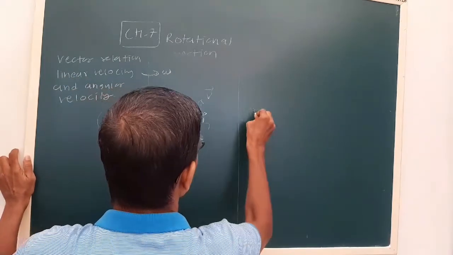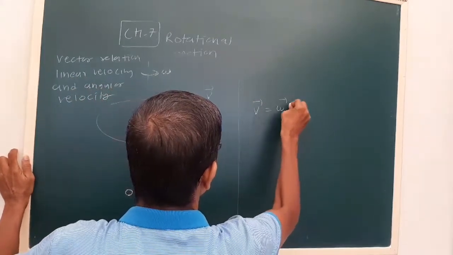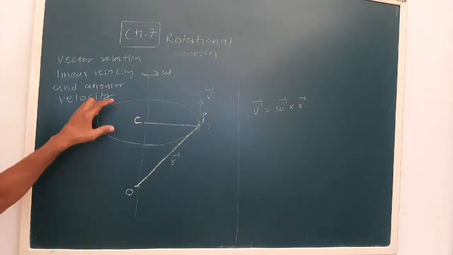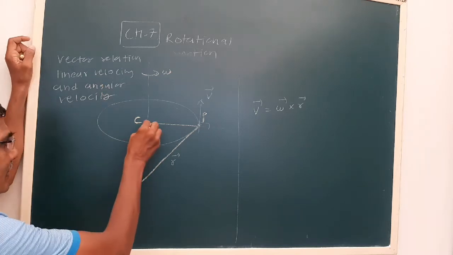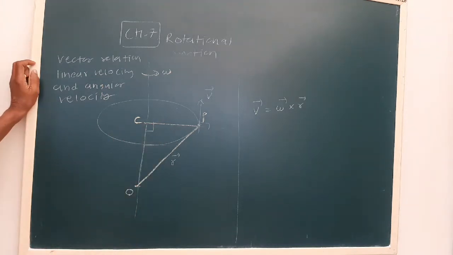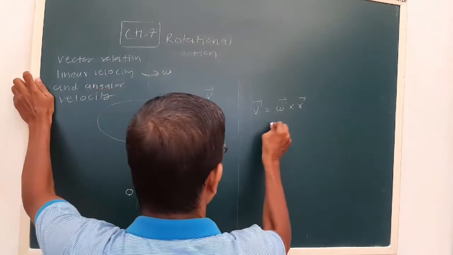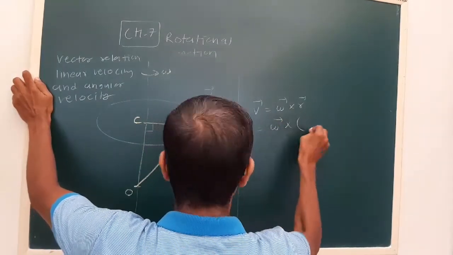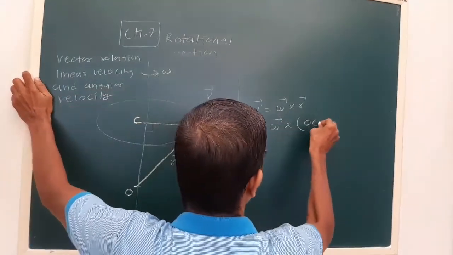See, this is r. Using the triangle law of vector addition, r is nothing but OC plus CP, so V is omega cross OC plus CP.